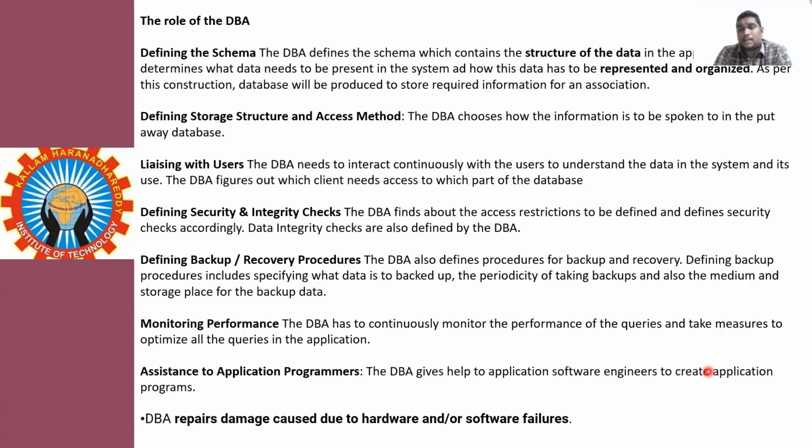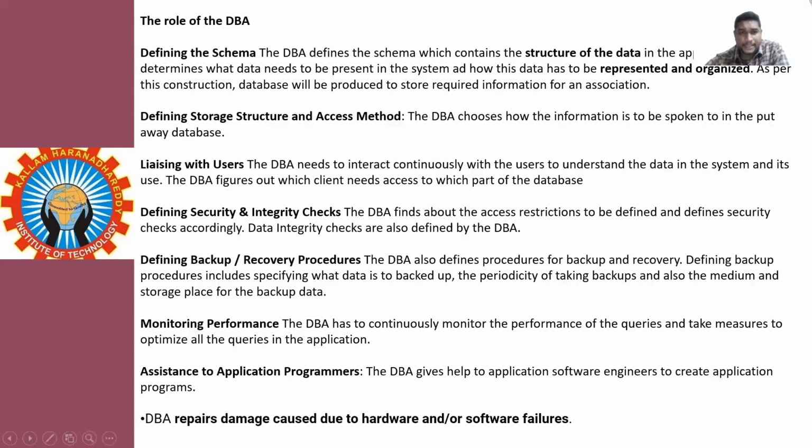An expert or the application programmer can easily understand that particular picture representation, then he can easily write the code based upon the picture representation. That is the assistance to application programmers. And the last one is he repairs damage caused due to hardware or software failures. So all this we will discuss.